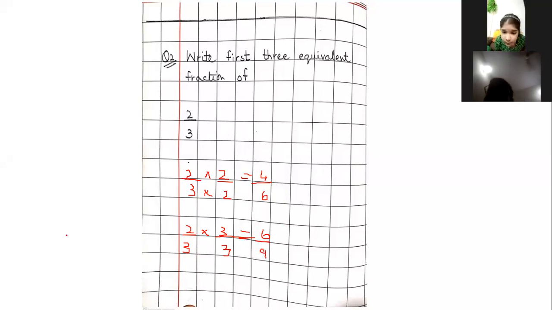This is the first equivalent fraction. This is the second equivalent fraction. And the third one, you will do it by yourself.